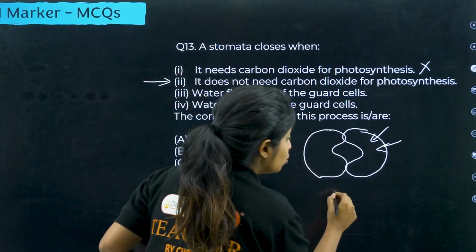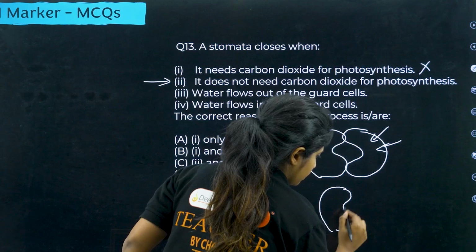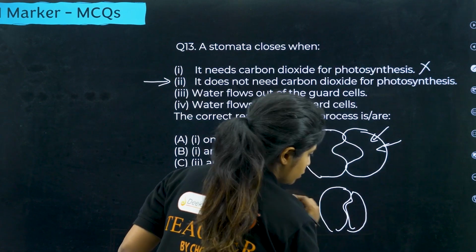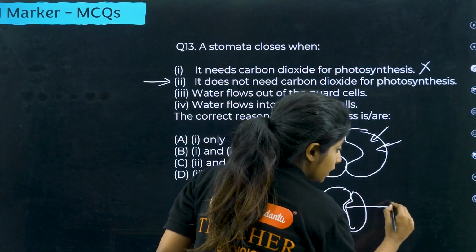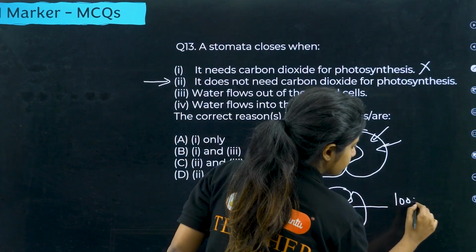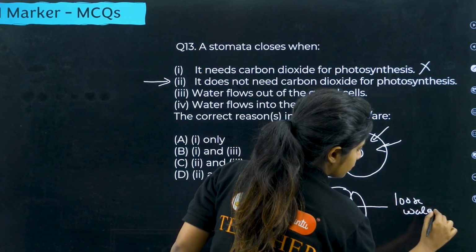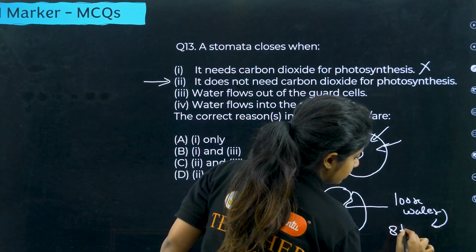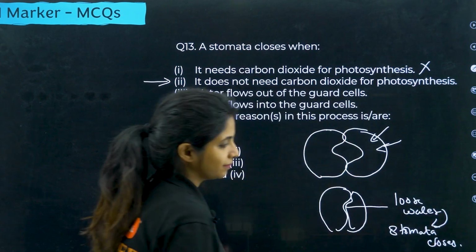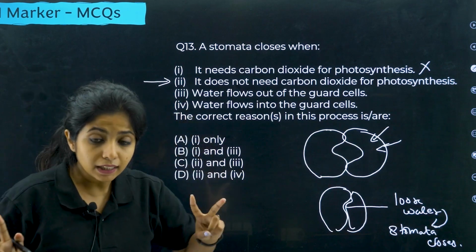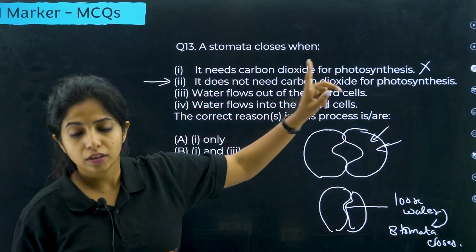Now, when they lose the water, they'll come back to the same position which they were in, and now the stomata is basically closed. So I say, when they lose water, that's when the stomata closes.